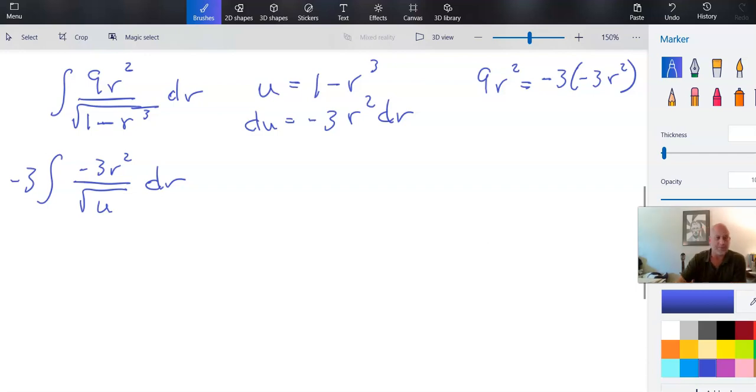Another way to handle this, and I'm just going to step to the side for a second, is to just pull the whole 9 out and look at it this way, right? And then put a negative 1/3 on the outside and a negative 3 on the inside.